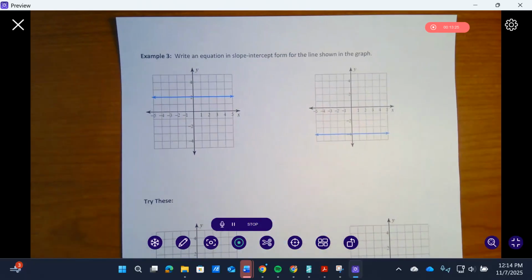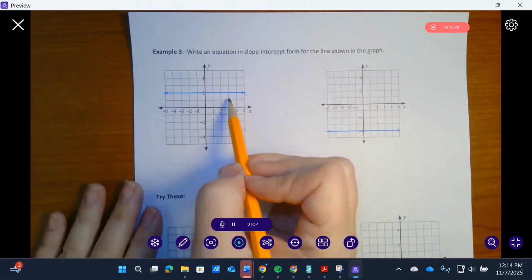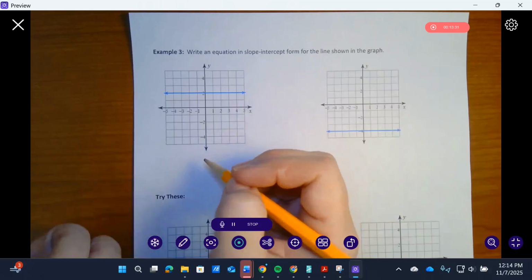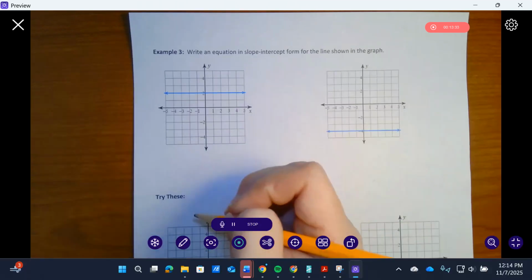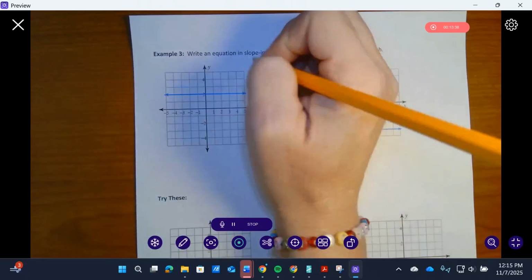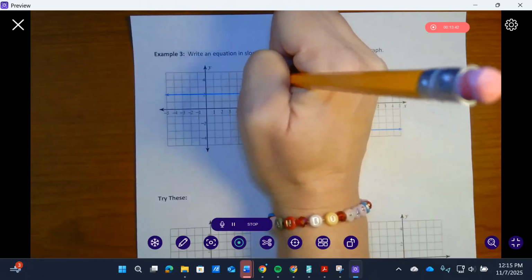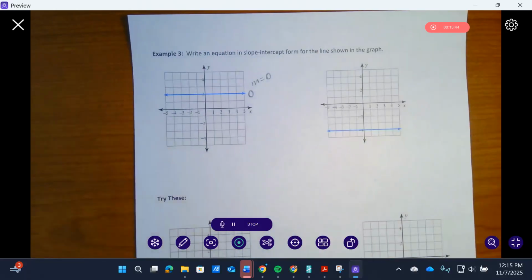These are a little bit different because this is a completely flat line. And thinking about slope in terms of steepness really helps me with these types of problems. Because how steep is this line? Well, it's not steep at all. The slope is 0 here. Right? It's completely flat. Slope is 0. Has no slope at all. No steepness.